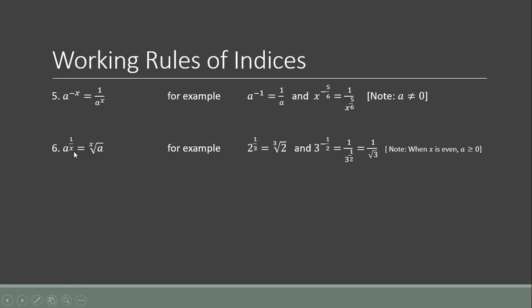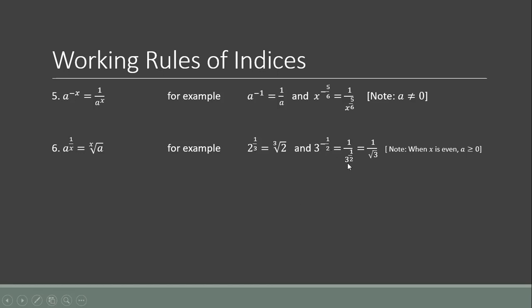Xth root means if you have 2 to the power 1 by 3, then it will be cube root of 2. And if you have 3 to the power minus half, then to remove the minus sign we will take it under 1.